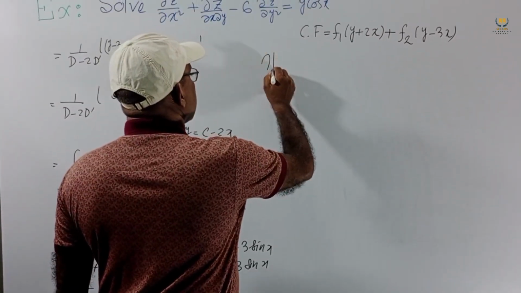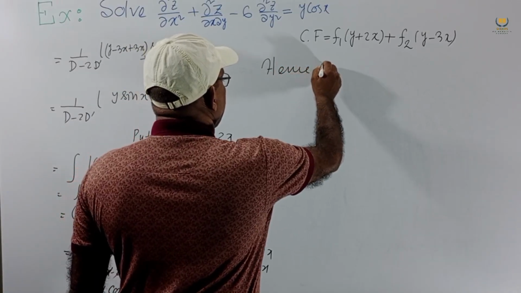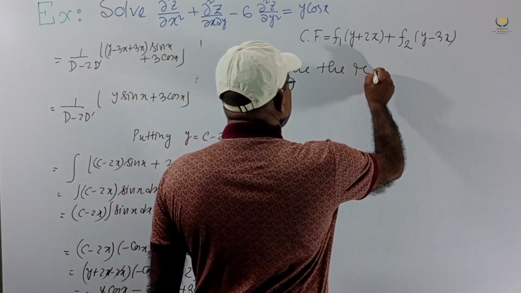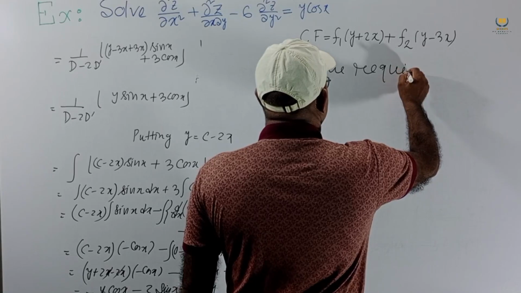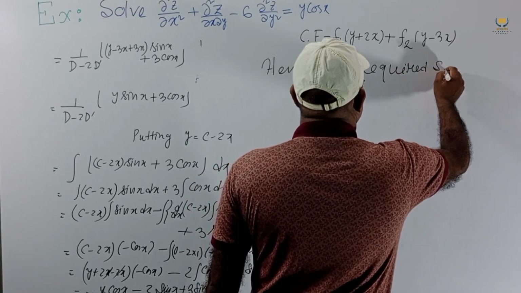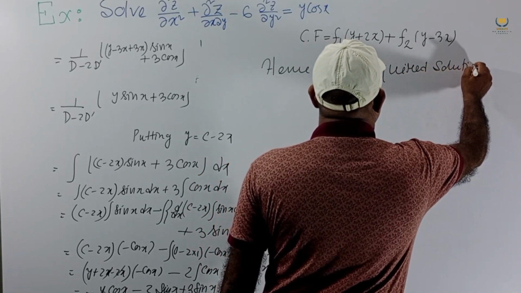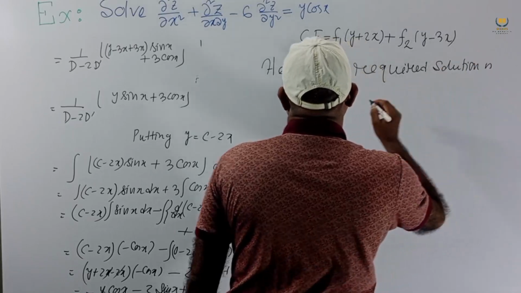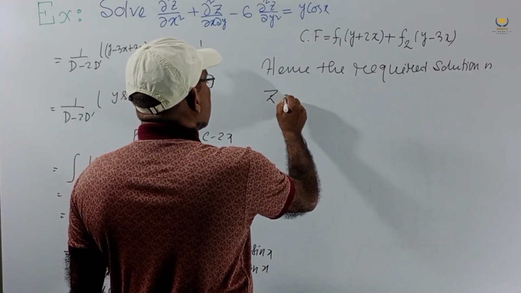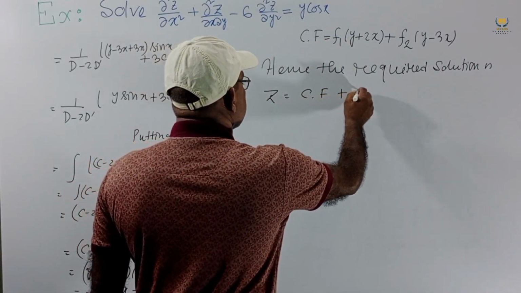Hence the required solution is z = CF + PI.